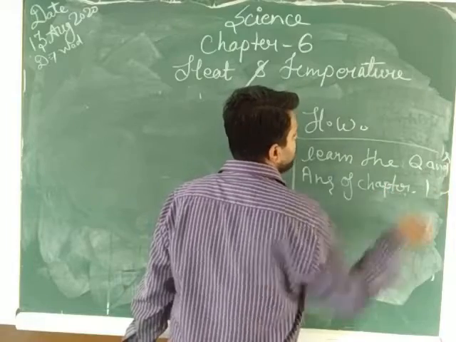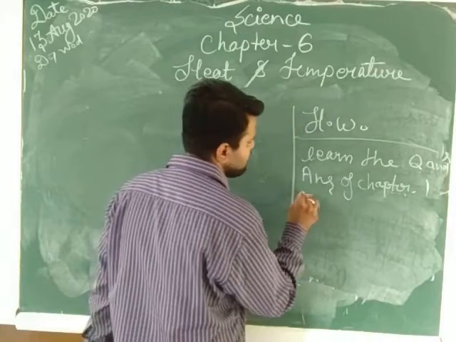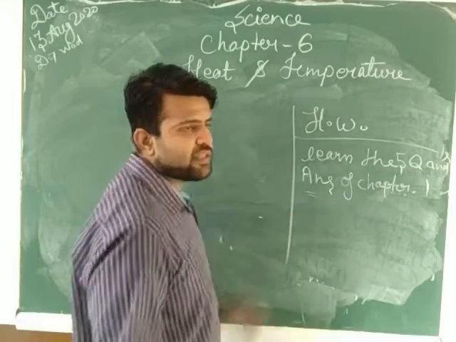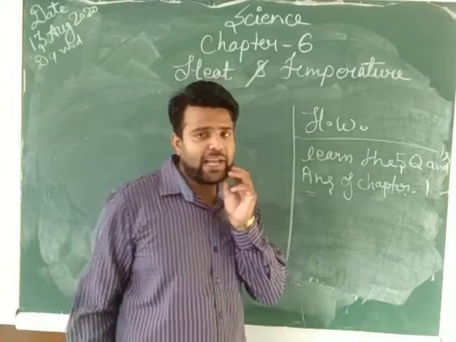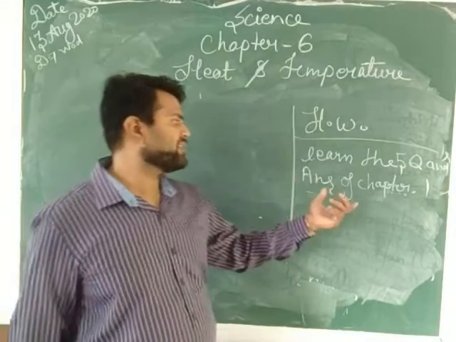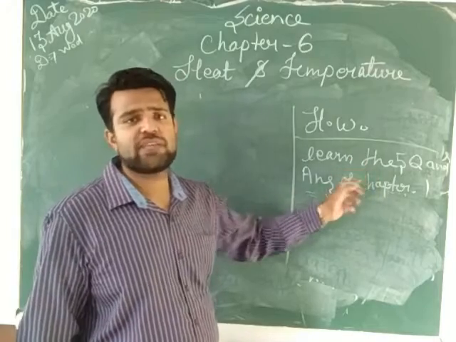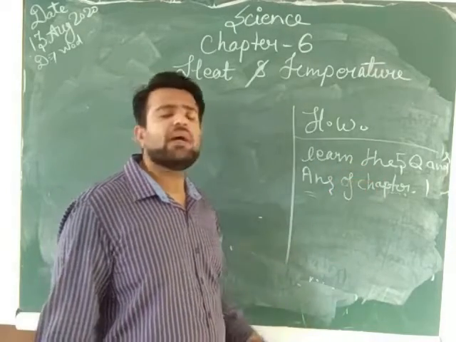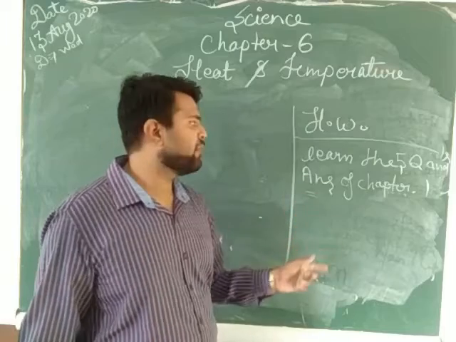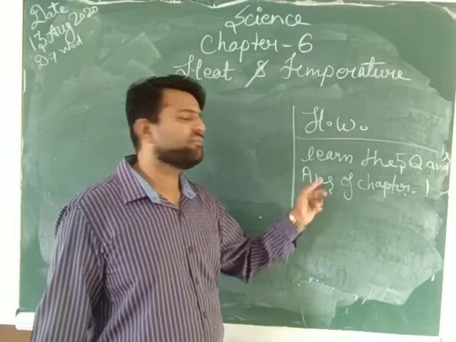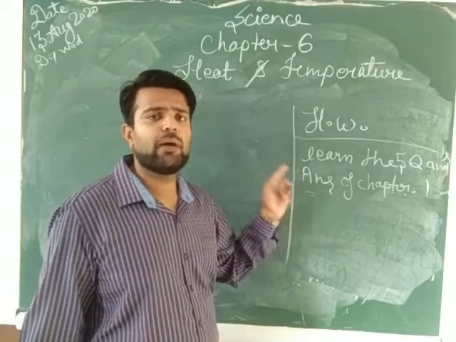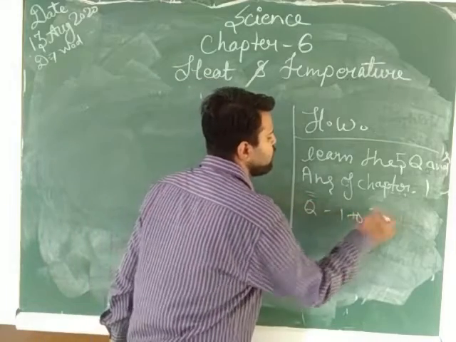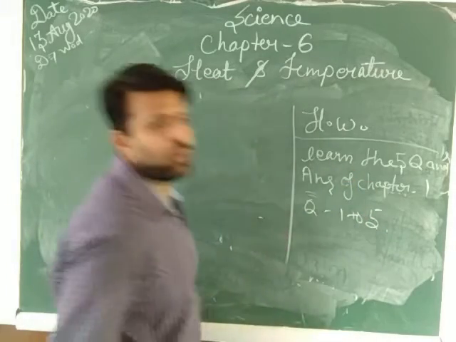You have to learn only 5 question answers, and I might be taking your test on these 5 question answers. I will give an assignment and you have to write and give me the 5 question answers within a certain time limit. So be prepared with the 5 question answers, question number 1 to 5, from chapter number 1.